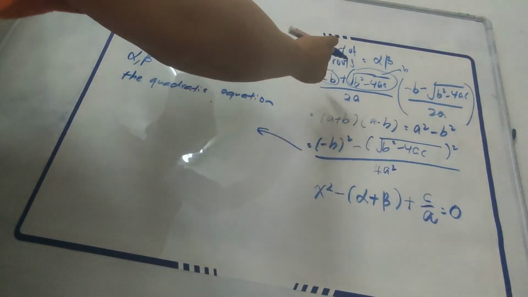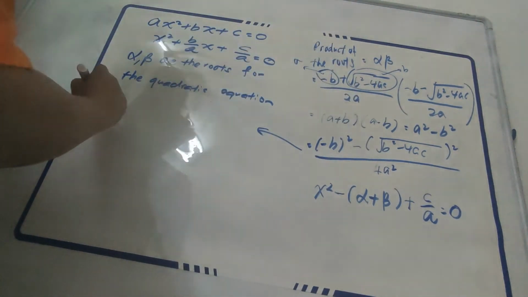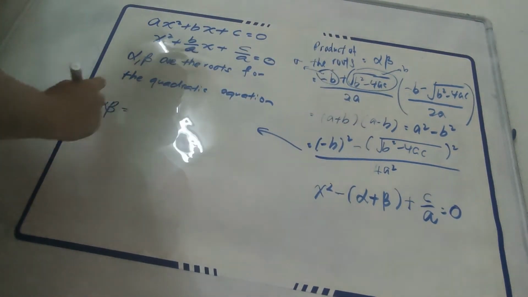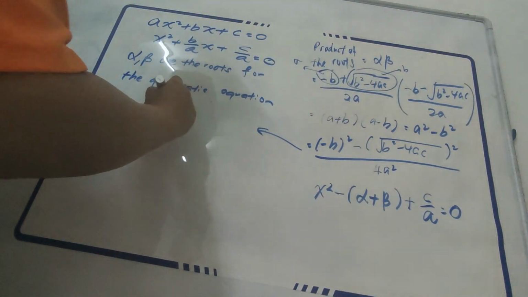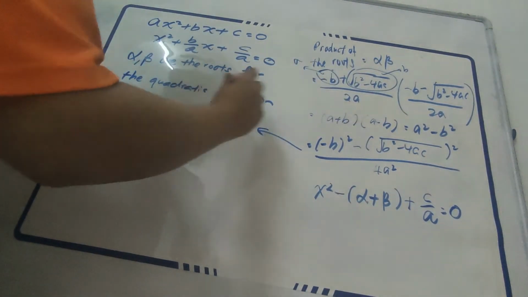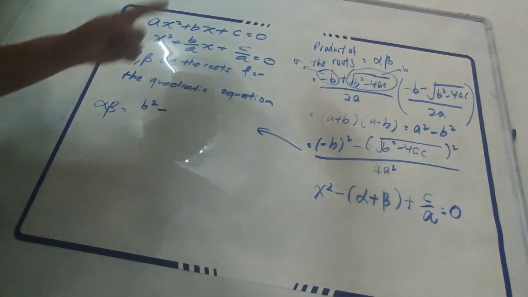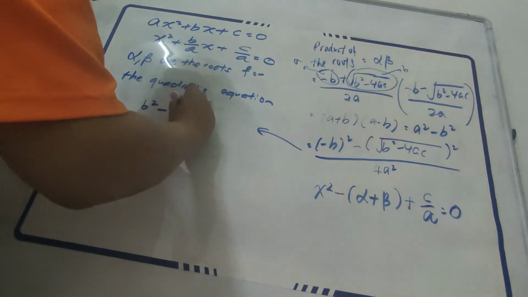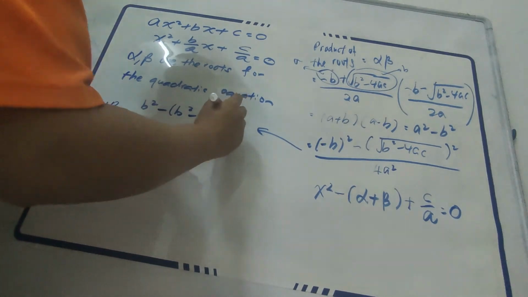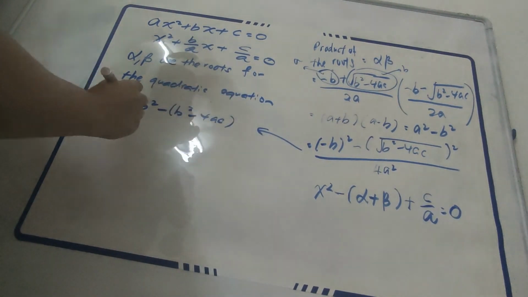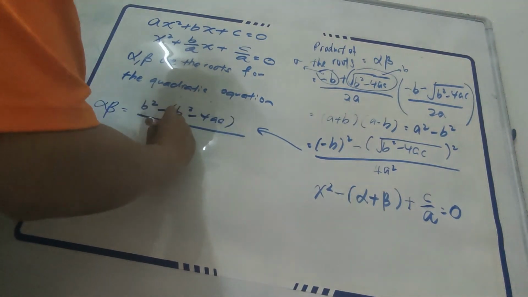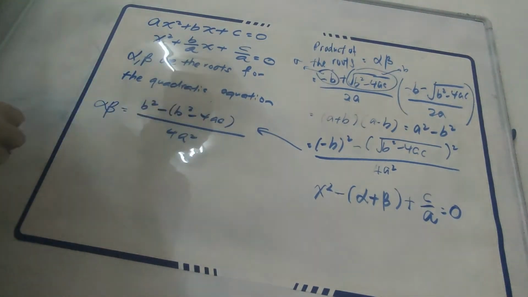So the product of the roots, alpha beta, equals b square minus the square root squared, which is b square minus 4ac, divided by 4a square.